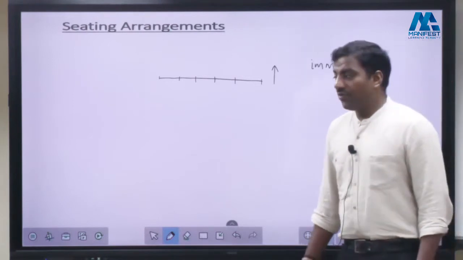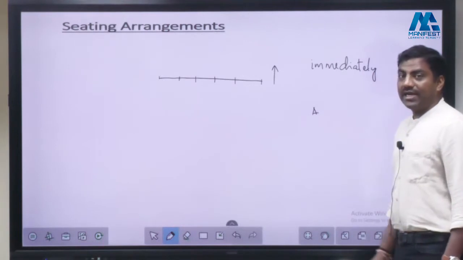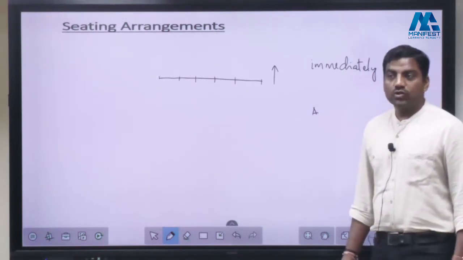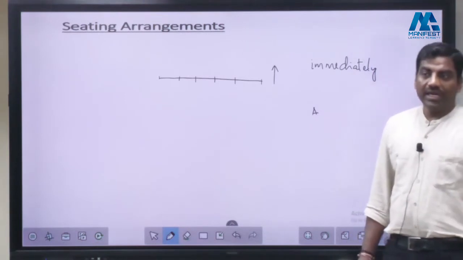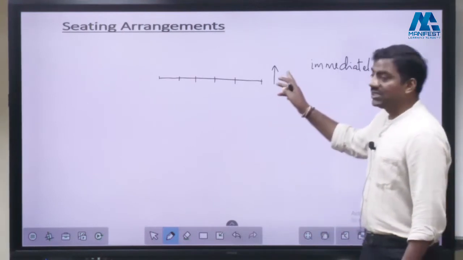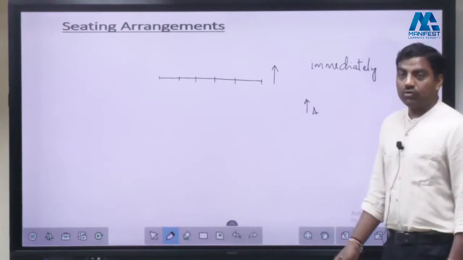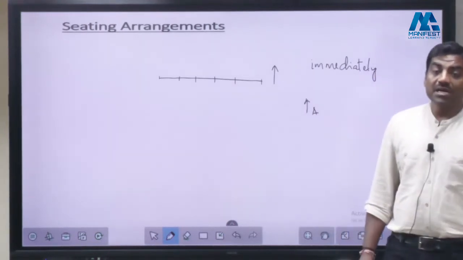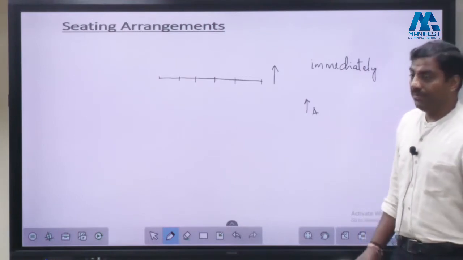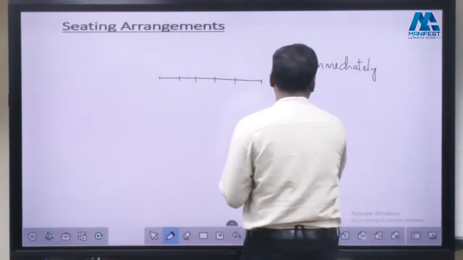Let's say now I give A is sitting immediately right of B. A is sitting to the immediate right of B. How do you mark? With respect to this direction, we have to think that A is facing this direction, and we have to mark A is sitting immediate next to B. Then A has to come to the right side of B. So it is B's right.